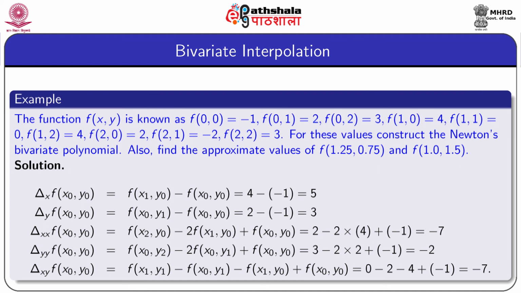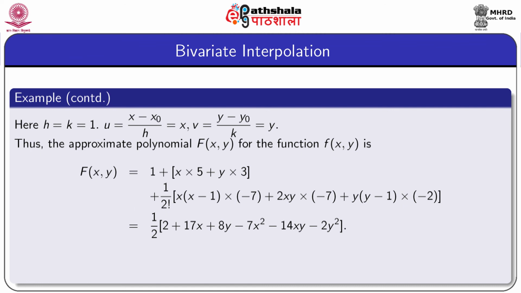Similarly, delta y f of x0 y0 equal to 3 and delta xx f of x0 y0, which is equal to f of x2 y0 minus 2 f of x1 y0 plus f of x0 y0, which is equal to 2 minus 2 into 4 plus of minus 1, and this is equal to minus 7. Similarly, delta yy of f of x0 y0 equal to minus 2 and finally, delta xy of f of x0 y0 equal to minus 7.